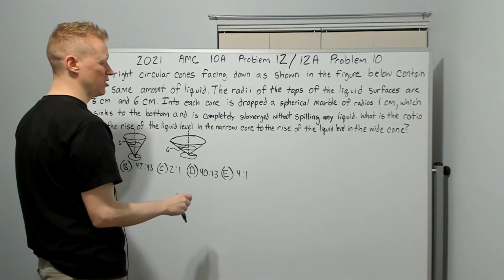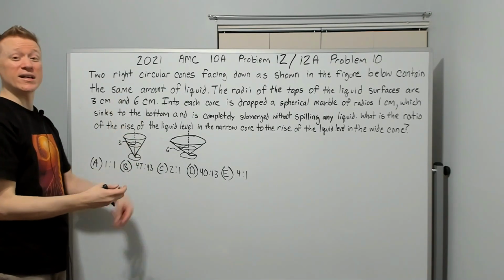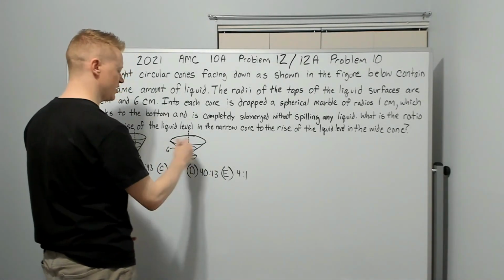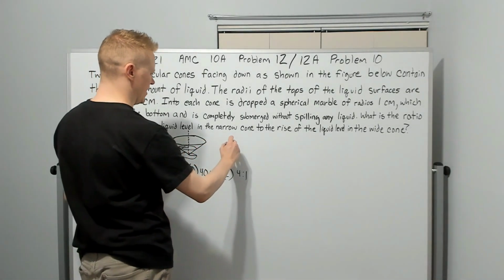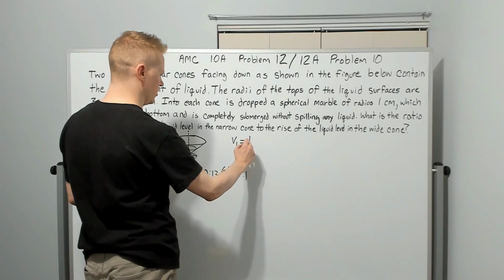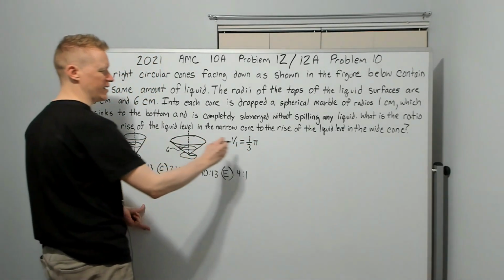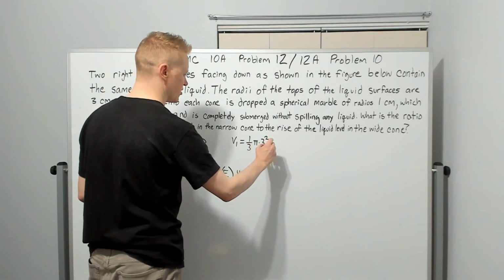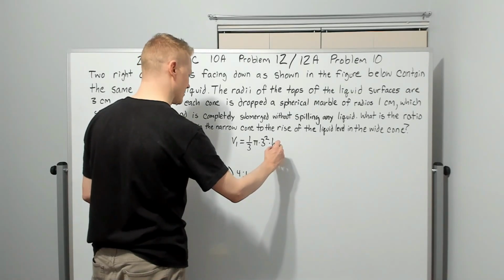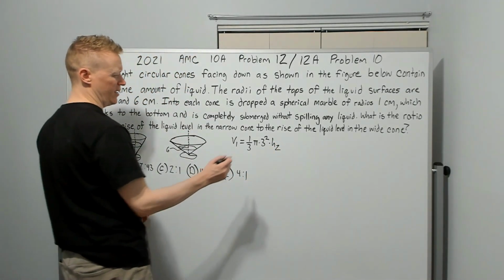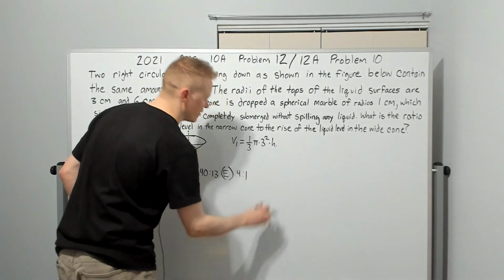Into each cone, let's just pause right there. Let's figure out some more information before we read any farther. If the volume of a cone is 1/3 pi r squared h, then for us, the volume of the first cone will equal 1/3 pi, our r is 3, so we'll have 3 squared, and h1.